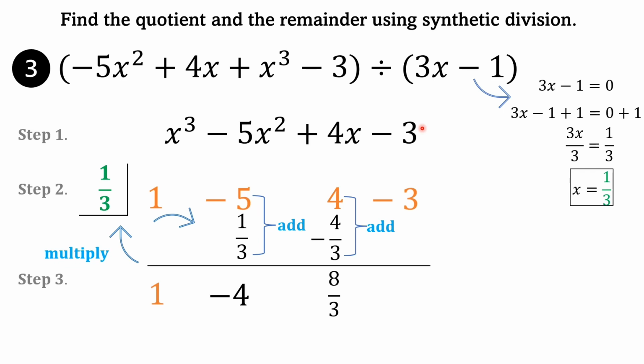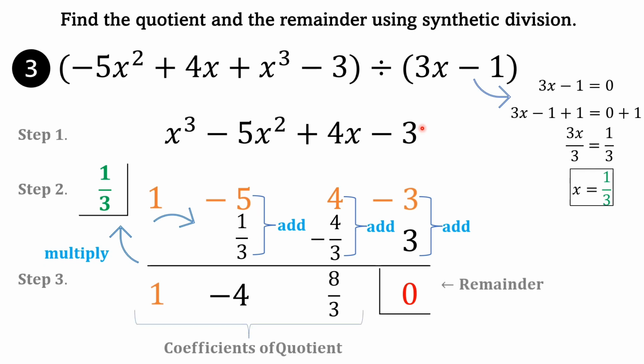Then multiply 8/3 by 1/3, write the product under negative 3, add them, the sum is 0. So that's the remainder, and the coefficients of the quotient are 1, negative 4, 8/3.